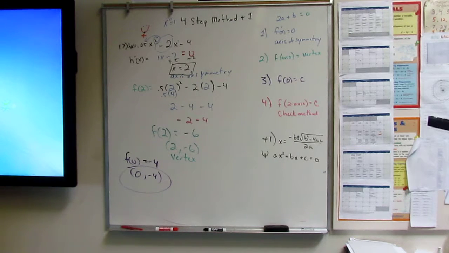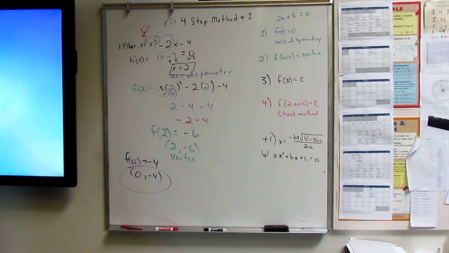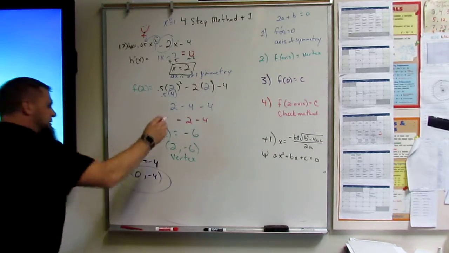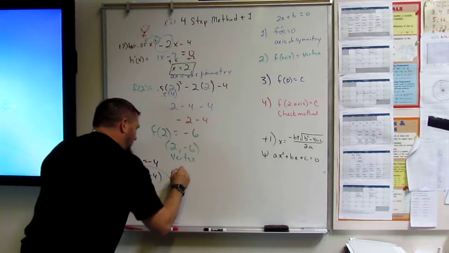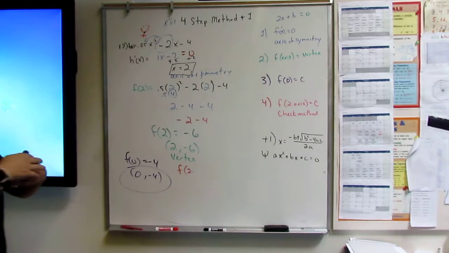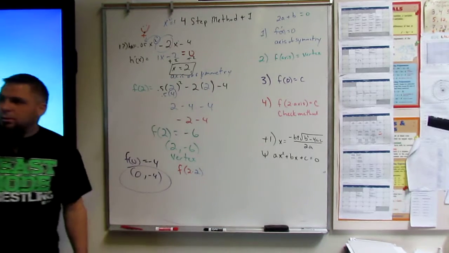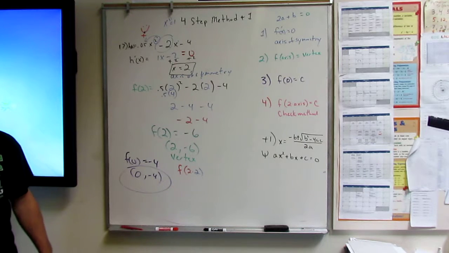Now, the other point is 2 times the axis. So I say, okay, well, f of 2 times, what's the axis? Isn't it 2? So what is 2 times 2?